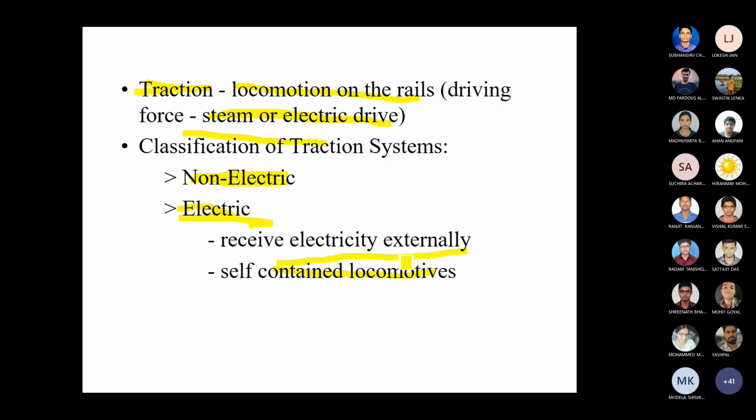They can also take power directly from the pantograph. For external electricity, pantographs are required, so you can raise your pantograph upright and touch the wire, the contact wire just above your electric locomotive. There are two wires: one is called the contact wire, another is called the catenary. The contact wire provides the mechanical stability, and the catenary basically provides the supply.